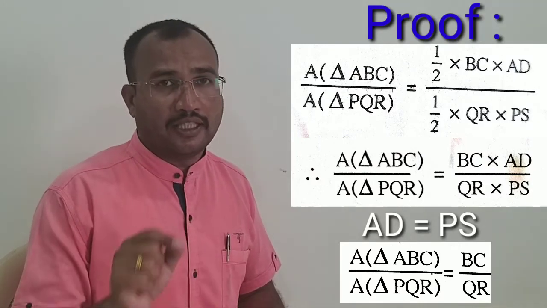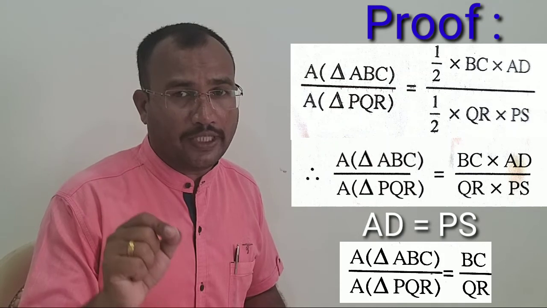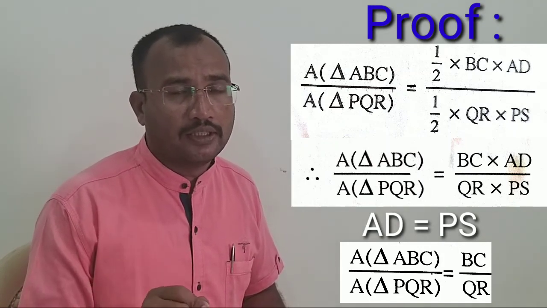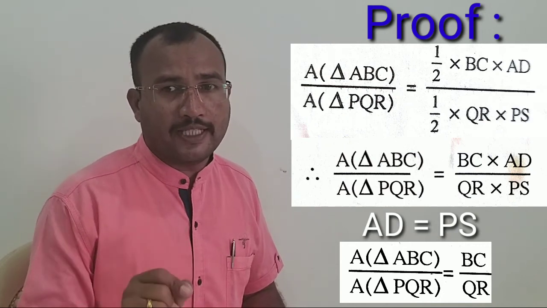Then remaining is area of triangle ABC divided by area of triangle PQR equal to BC divided by QR, and that is the second property of ratio of areas of two triangles.